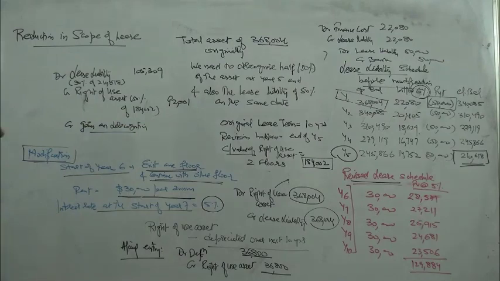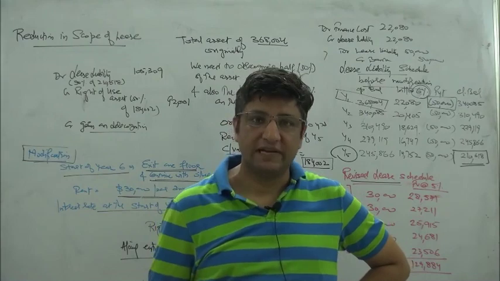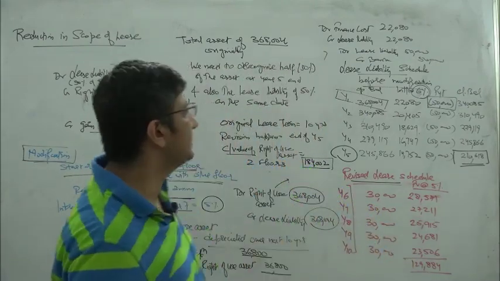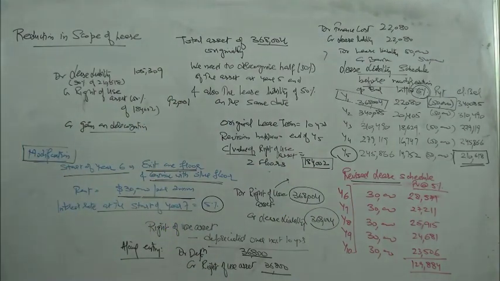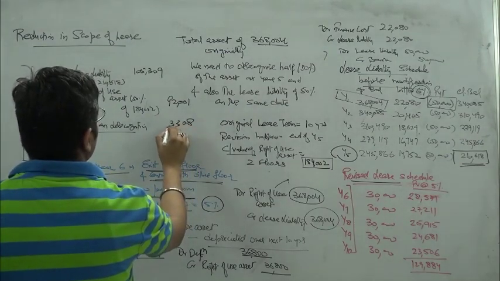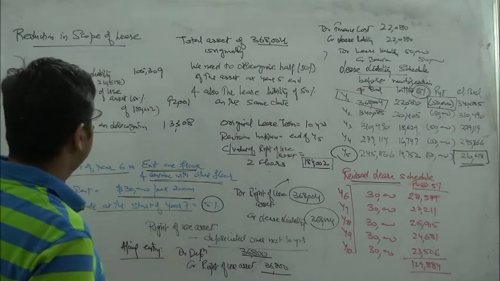So when we say we are exiting such portion, when there is a reduction in the scope of leasing and accordingly there could be a gain or a loss, that shall be recognized in the profit and loss account, and this difference comes to 105309 minus 92001. This will be 13308. Okay, right?